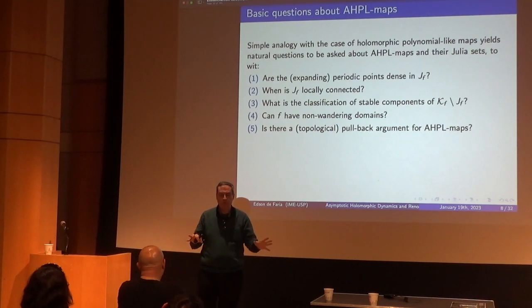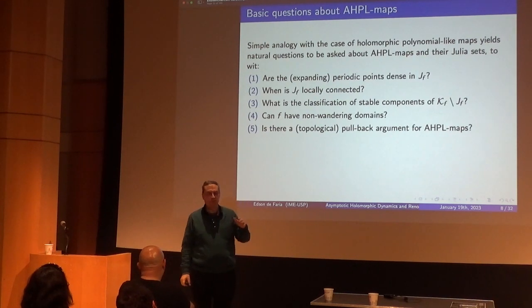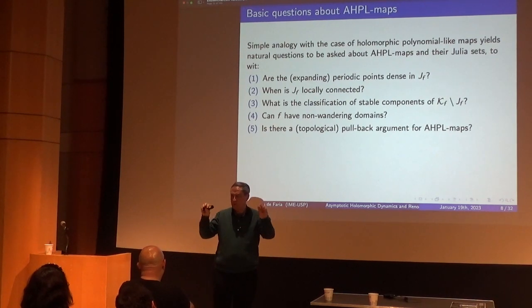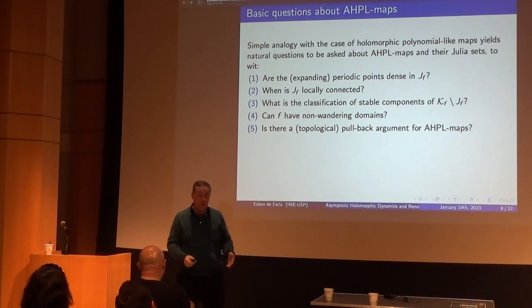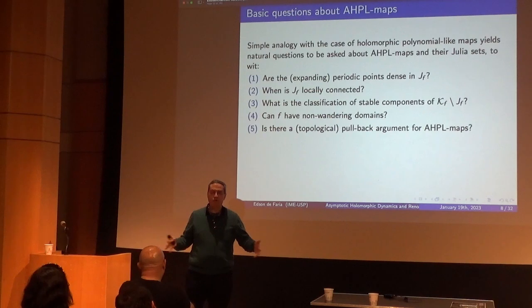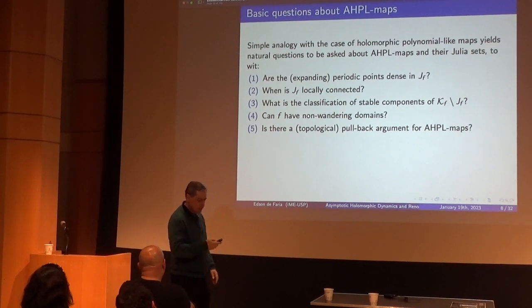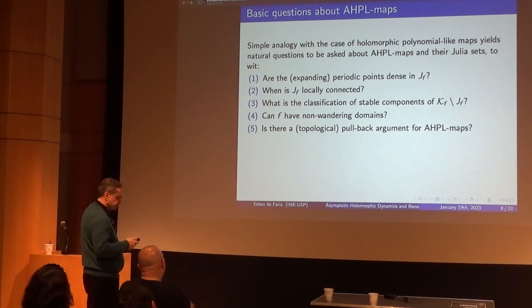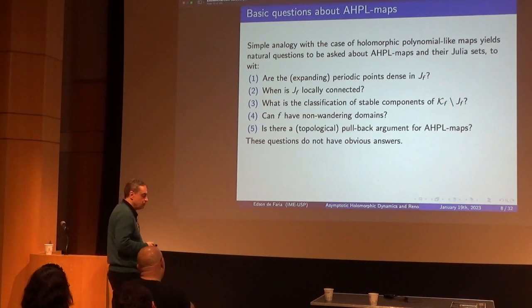You'd like to say, is there a quasi-conformal conjugacy between them? Like I said, this is hopeless because of what I said about the fixed points. But maybe there is a topological conjugacy, just a topological conjugacy. So these questions are not really obvious.